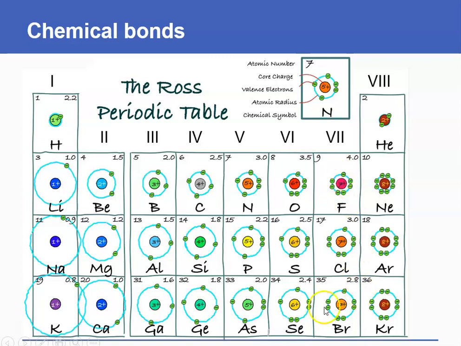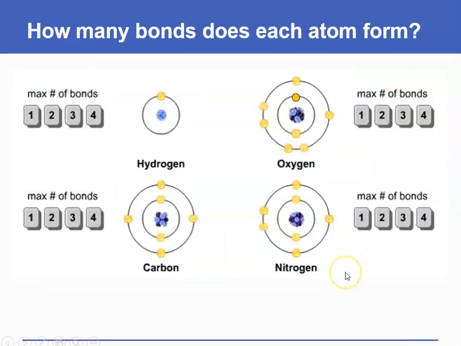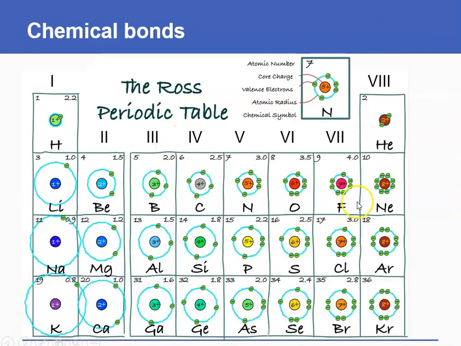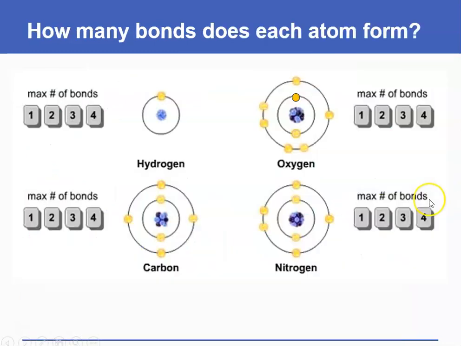And group 7, they will share or more likely take, and form ionic bonds to fill up that last missing electron. So just by looking at the number of electrons in the shell diagram, or looking at where an element is in the periodic table, we can see what kind of bonds and how many bonds will be formed.